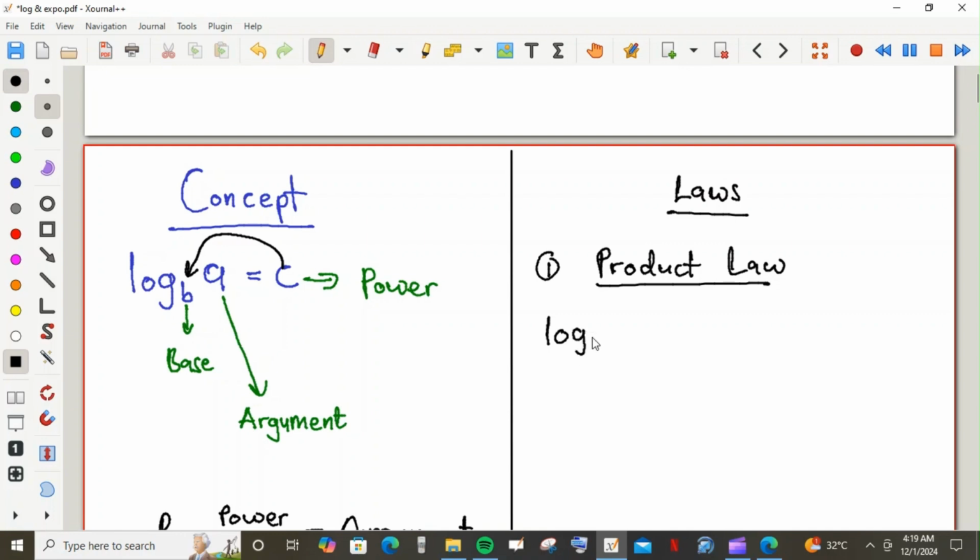Now it says that if I have logarithm of, let's say, two expressions m and n multiplying, and then let's say the base is b. Now this is the same as log m plus log n to the base b. Both of them will have the same base. So if your arguments are multiplying, you come and add your log expressions.